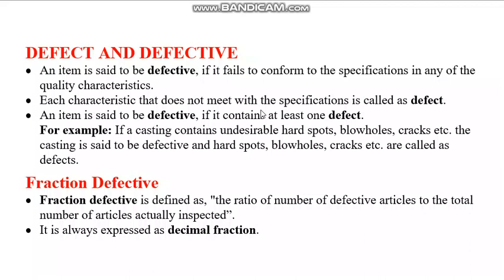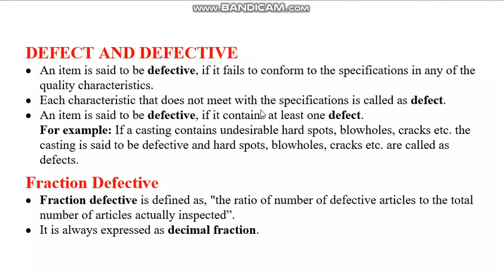If the diameter is okay but the length is not okay, it fails. Or if the length is okay but the diameter is not okay, then it fails. Then that part itself becomes a defective part. So each characteristic that does not meet the specifications is called a defect.